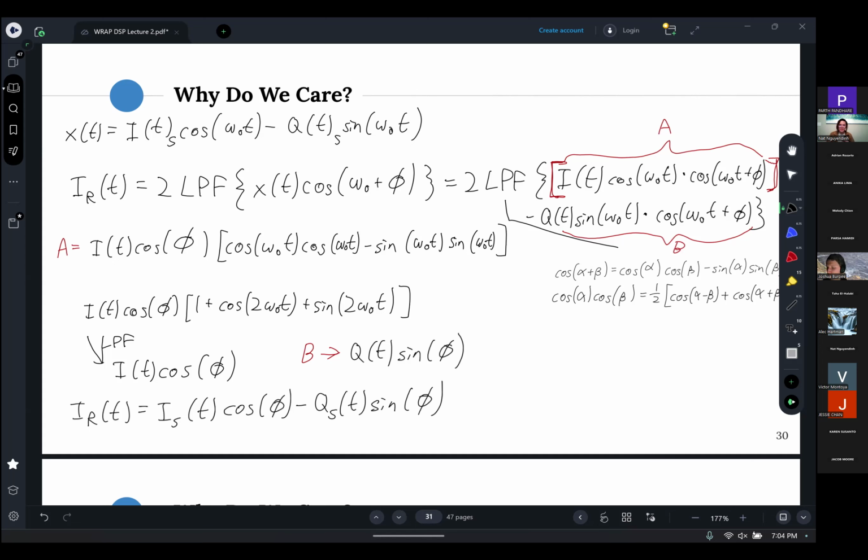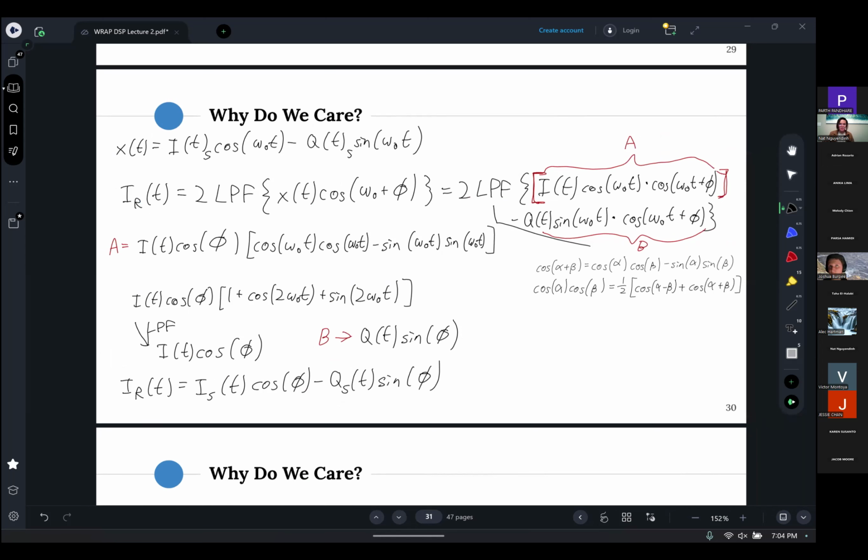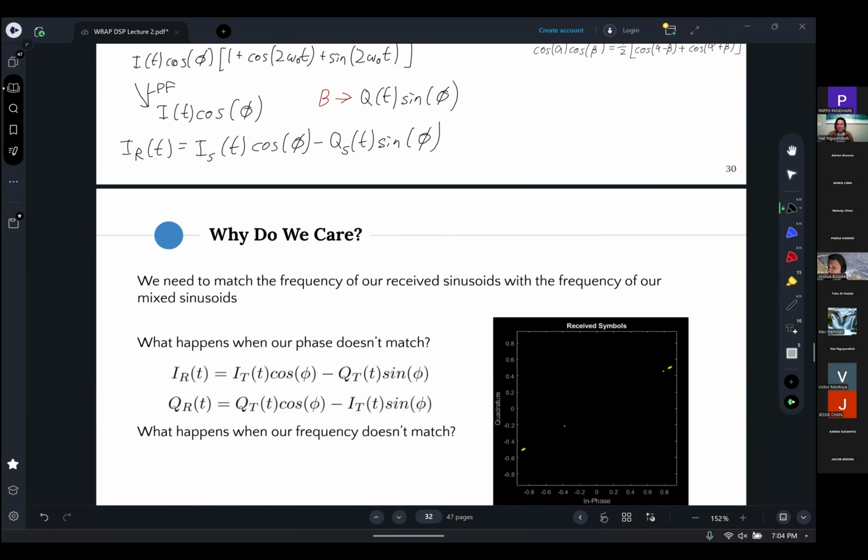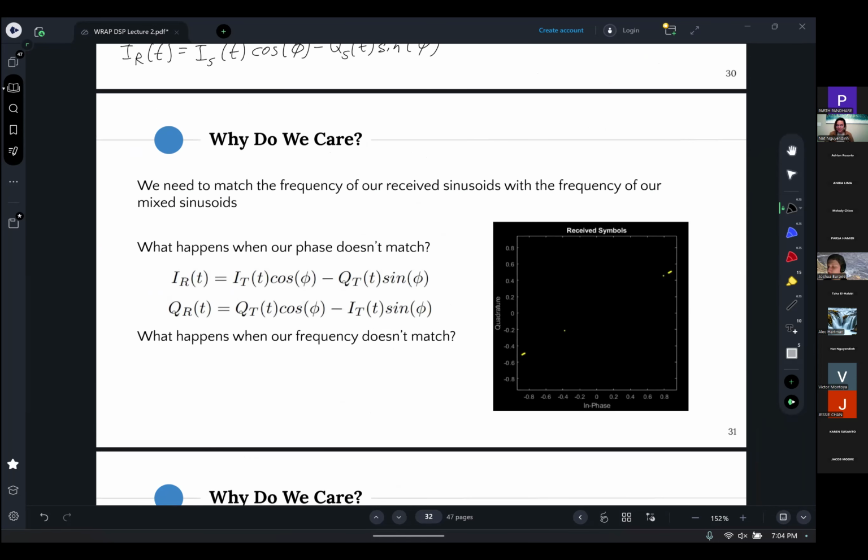And then we can do the same thing for Q, the quadrature component. I won't bore you with that, but I will revise this after this lecture so I can post accurate notes. But these are the results that you get when we have a phase difference. This is what we saw during the assignment.